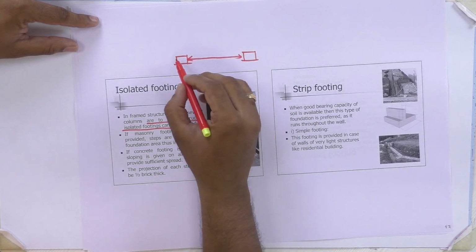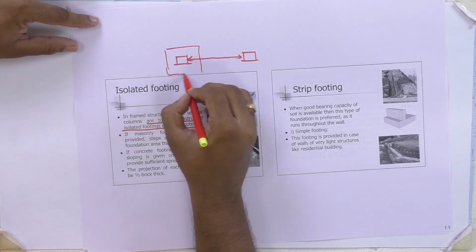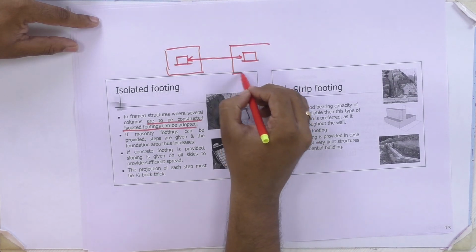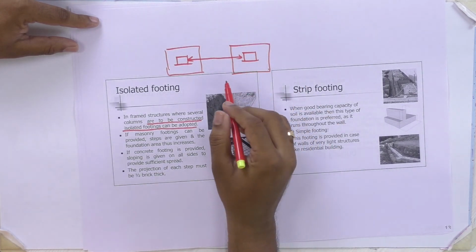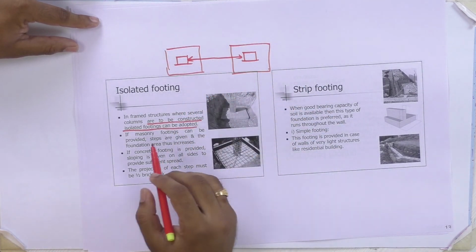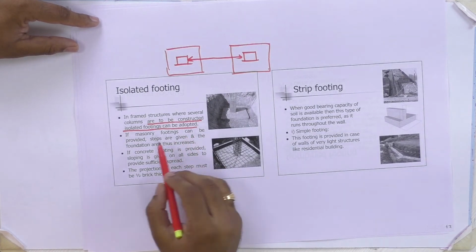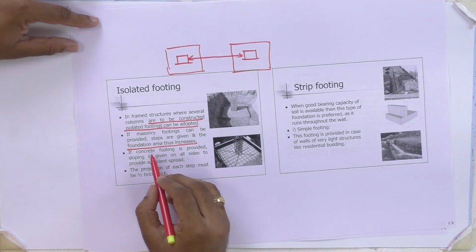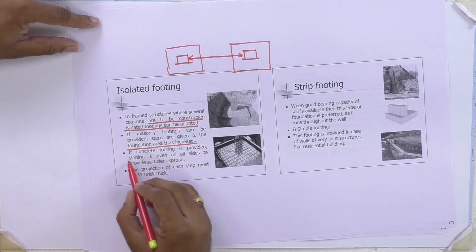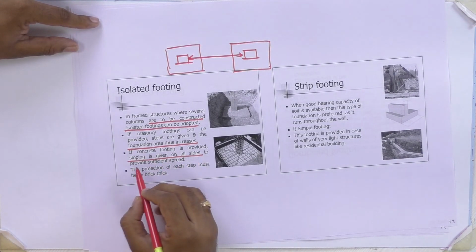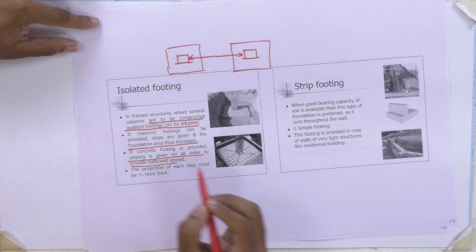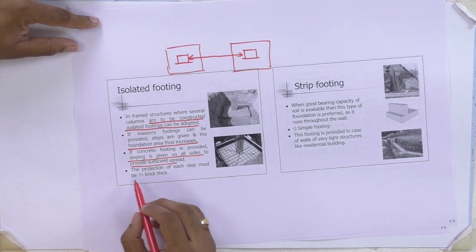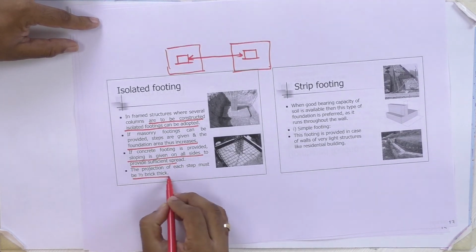So we provide a footing here separately and here separately, providing isolation. If masonry footings are provided, steps are given and the foundation area thus increases. If concrete footing is provided, sloping is given on all sides to provide sufficient spread, and the projection of each step must be half a brick thick.